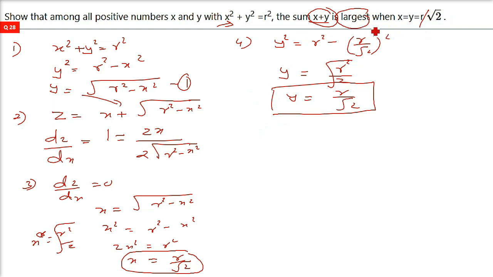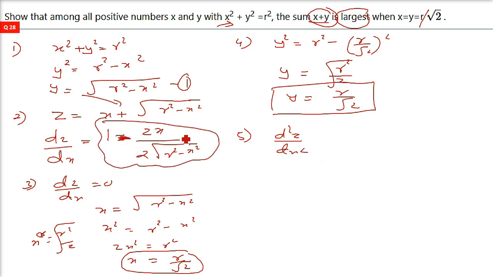Now the largest part has to be also done in this question. For that we will double differentiate. So 1 minus 2x divided by twice under root r square minus x square has to be differentiated again. When you differentiate it again, you will get a certain value. Don't worry about the value, worry about the sign.